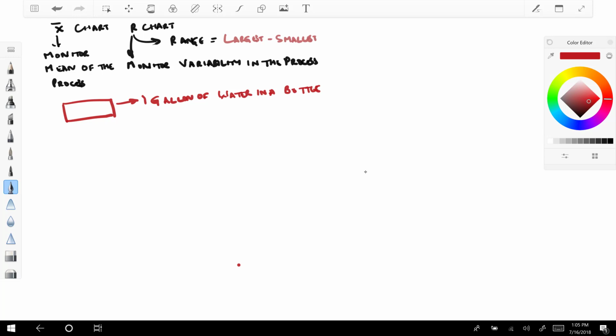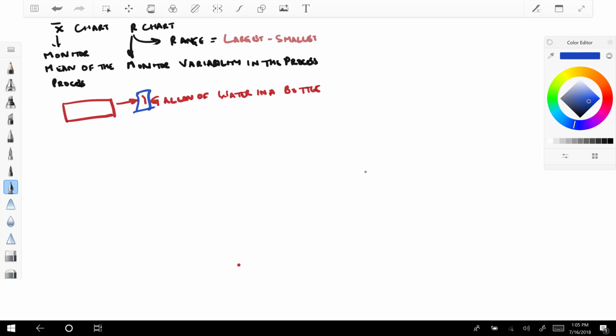We want to fill exactly 1 gallon, but it's not possible because of natural variation. We might fill nearer to 1.